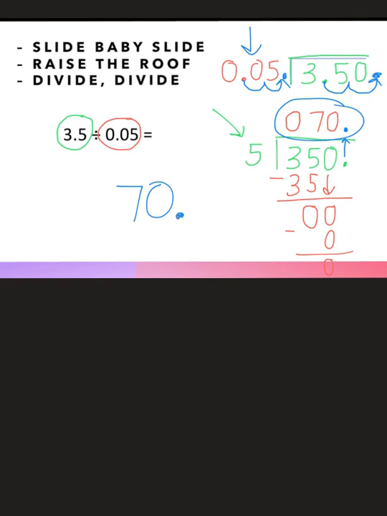Our decimal in a whole number is right after our ones place. So this answer can just be written as 70, and we would be done. So 3.5 divided by 0.05 is 70.